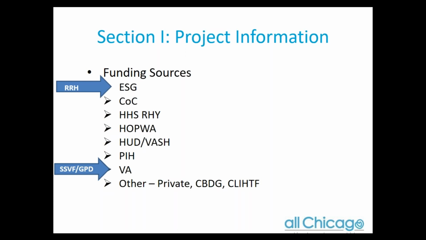And if you're my rapid rehousing, the majority of you receive ESG, but there are a couple of you that receive the COC funding. So just make sure that you check the appropriate funding source. If you are unsure about the funding source for your program, feel free to check in with your finance department just to make sure that you're indicating the correct funding source.